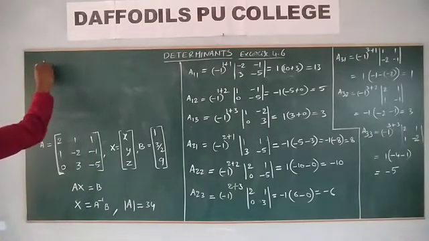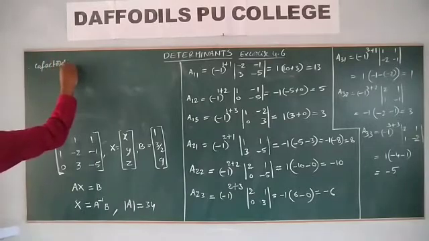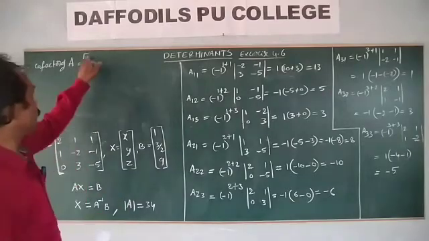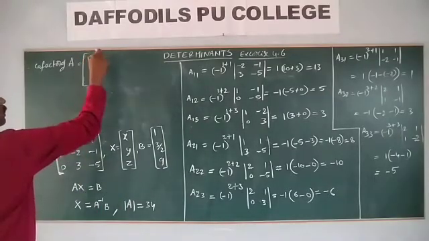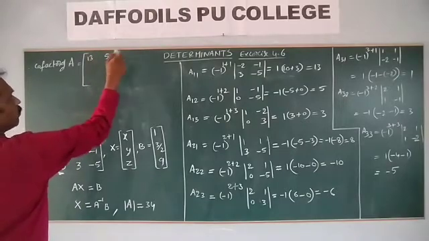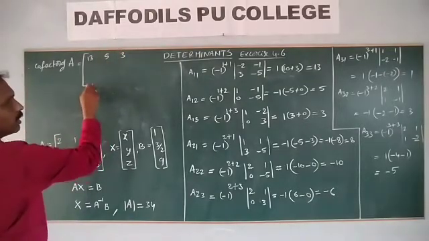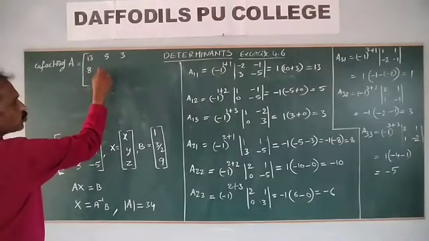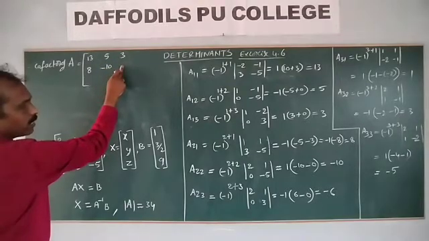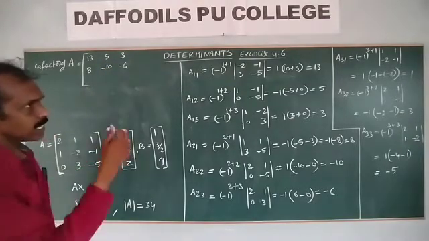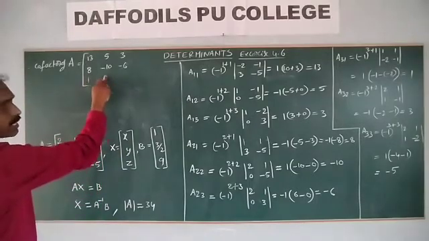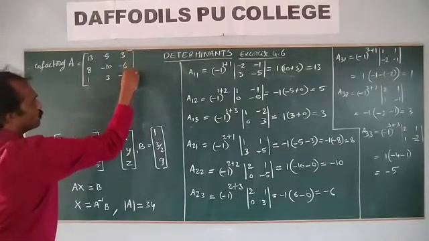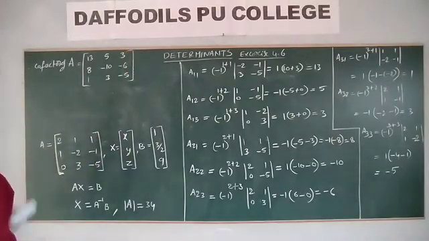Therefore, the cofactors are A11 13, A12 5, A13 3, A21 8, A22 minus 10, A23 minus 6, A31 1, A32 3, A33 minus 5. These are the cofactors of A.